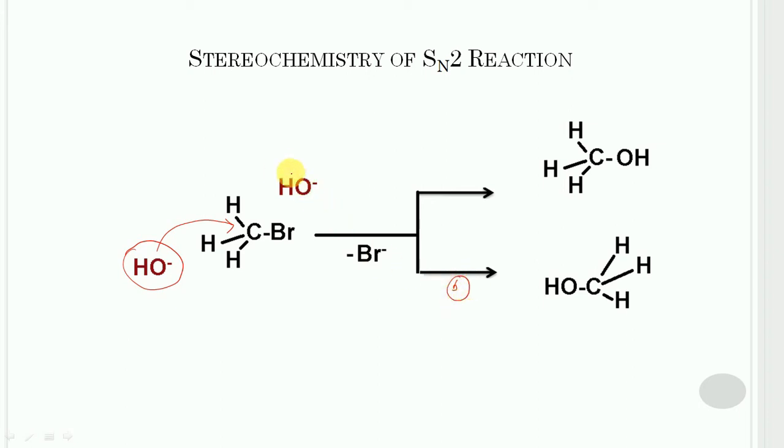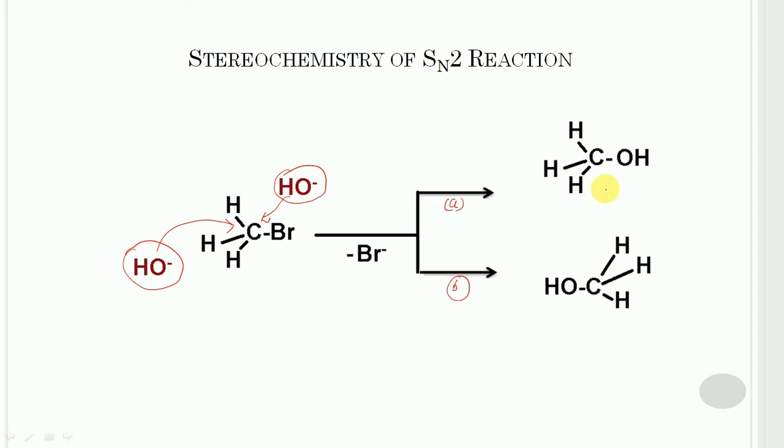And if the hydroxide attacks from the front side, then this first product is possible, and it will have the same product, that is methyl alcohol.